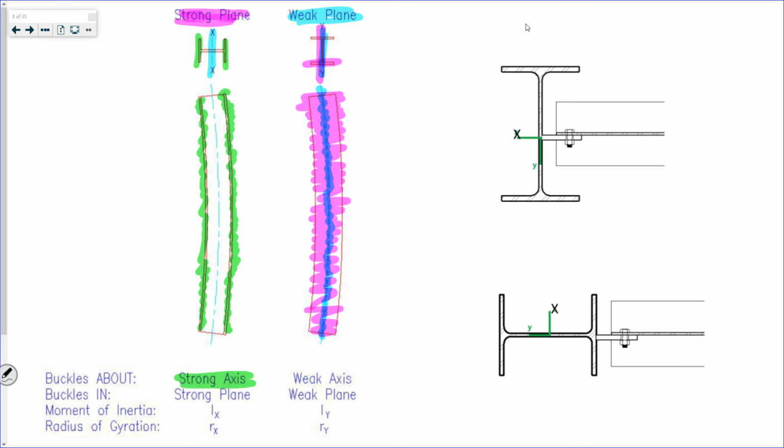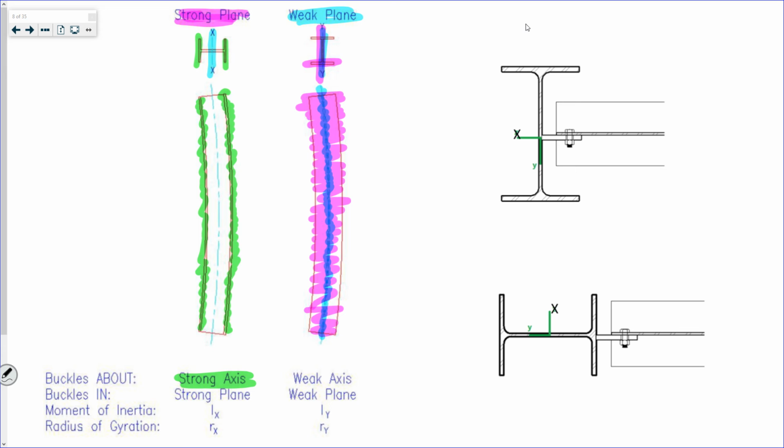Right, weak axis buckling. I wonder if I could draw like a 3D. That would be great, wouldn't it be? Looks like that, right? So this brace, I don't know if that's easy to tell or not.